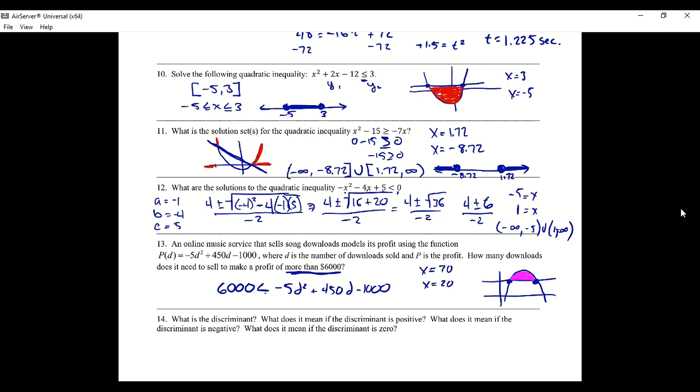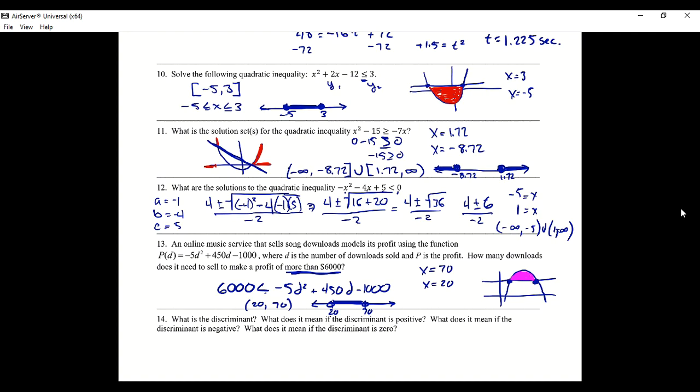And because it's only a less than or greater than sign here, not equal to, parentheses. So parentheses 20, 70. Or on the number line, 20, 70, open circles, shade in between. There you go.